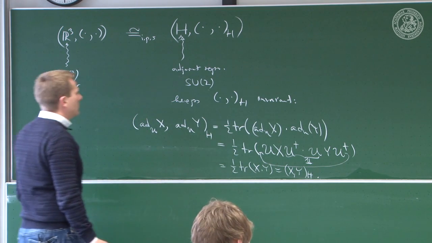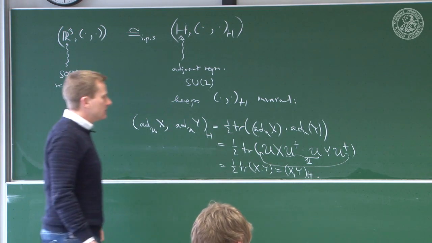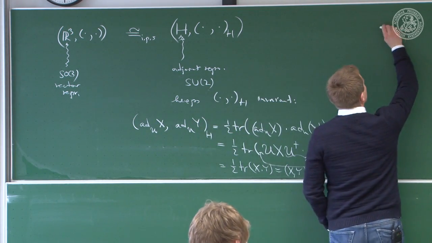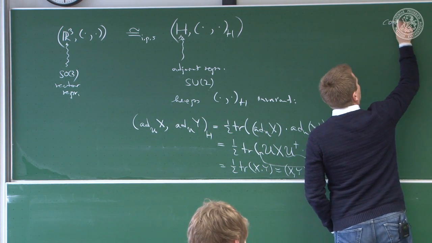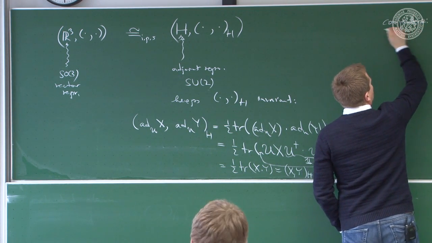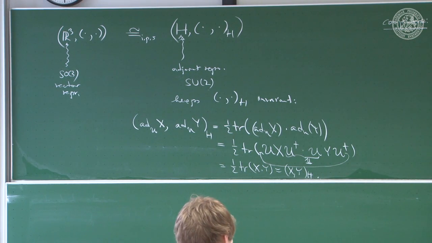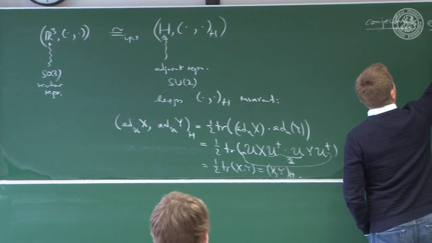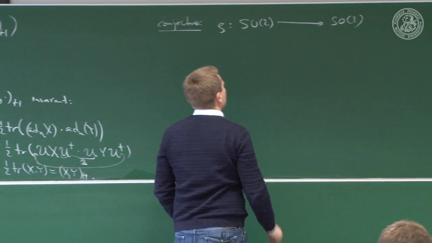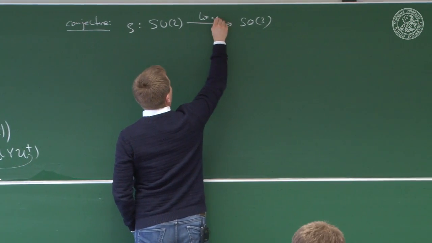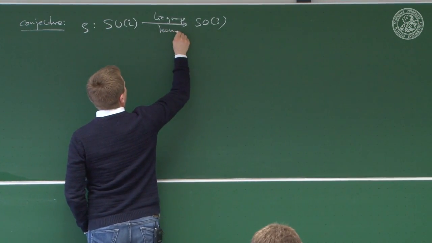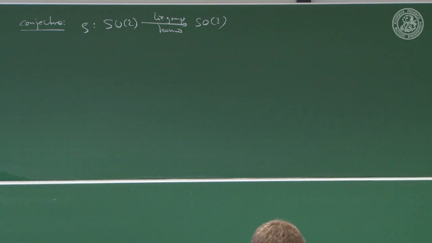Okay, so now we have all the elements together, and we can now dare to conjecture that we have a map from SU2 down to SO3. Let's call this map Rho. That's a Lie group homomorphism.